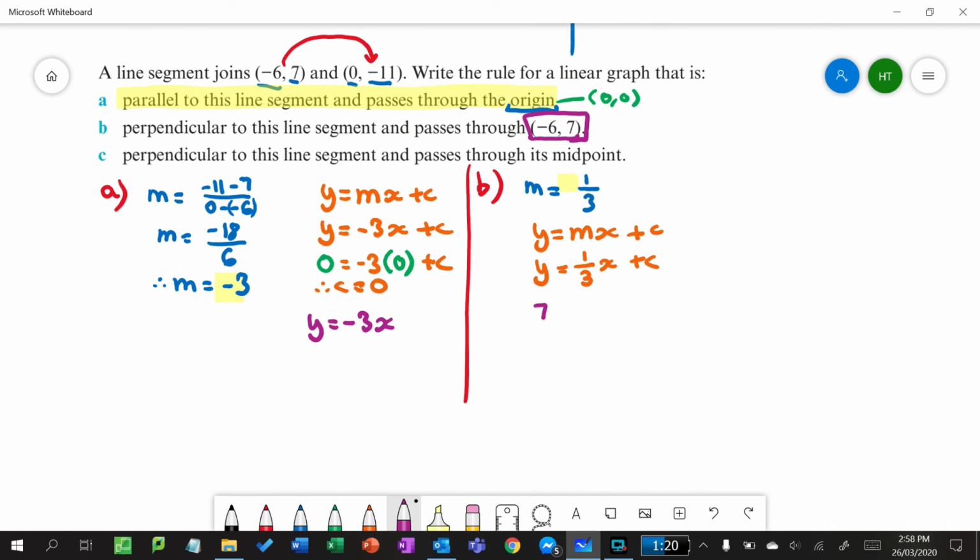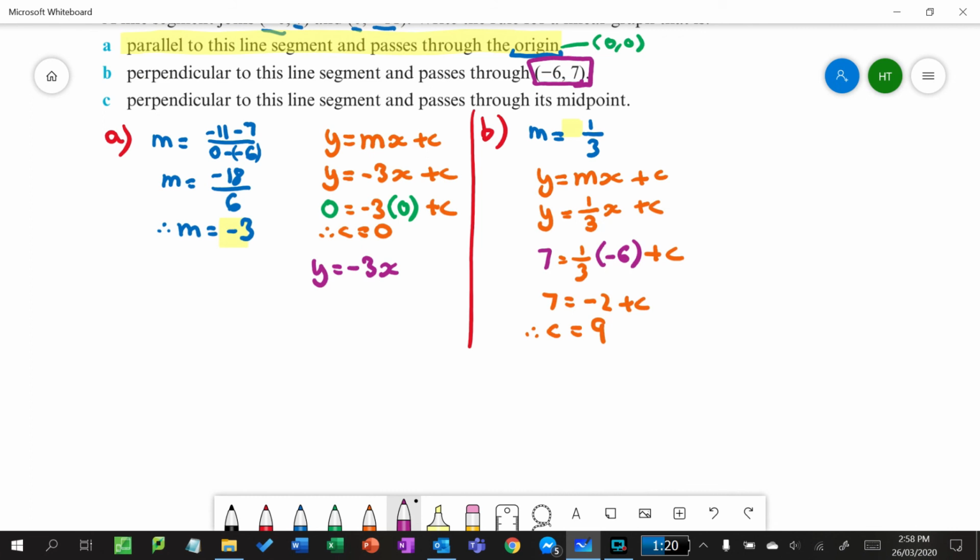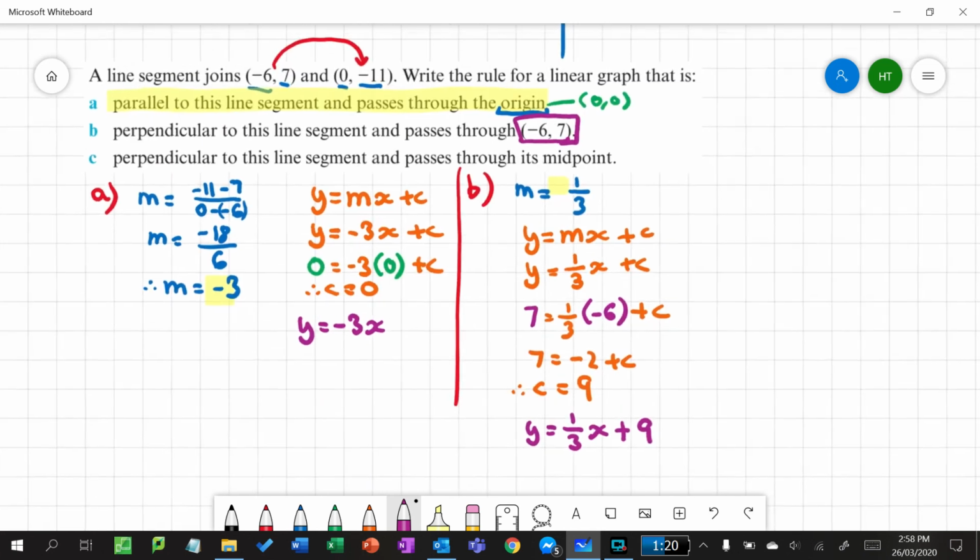So 7 goes into the y, and negative 6 goes into the x, plus c. 7 equals negative 6 divided by 3, which is negative 2, plus c. Therefore, c equals 9. And our equation becomes y equals 1 over 3 x plus 9. Alright?